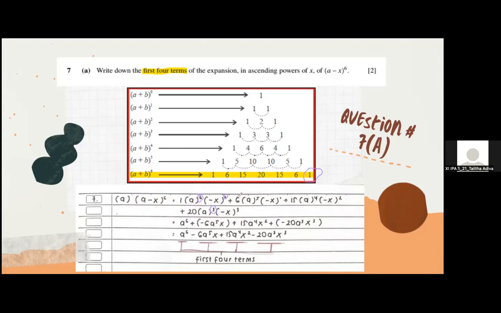For the minus x variable, the power counts from 0 to 6, inversely from the first one. So we got this, we multiplied it, and this is the final answer for the first 4 terms.